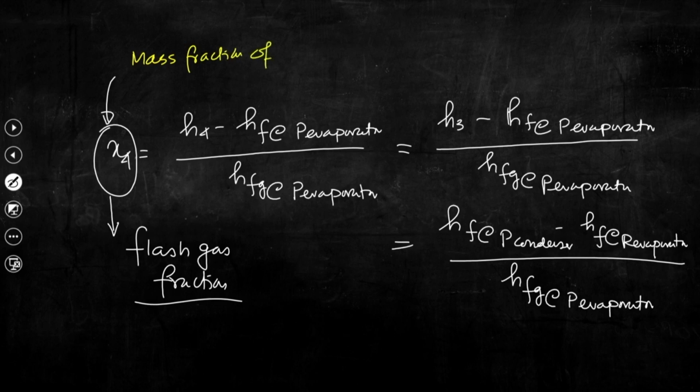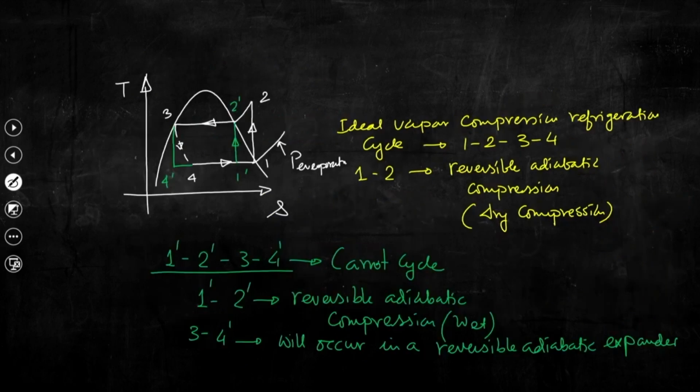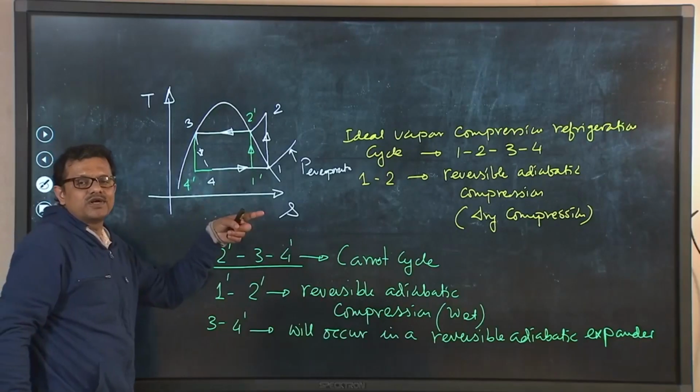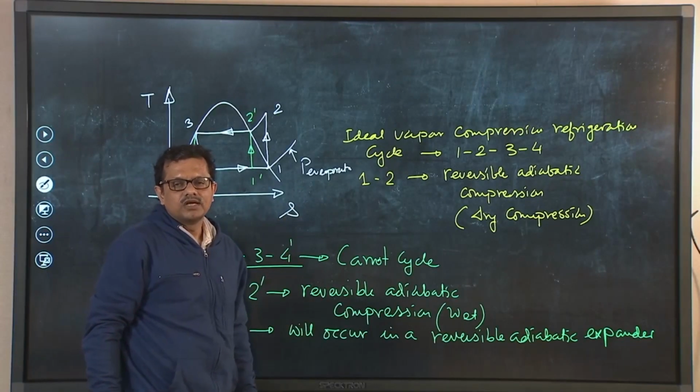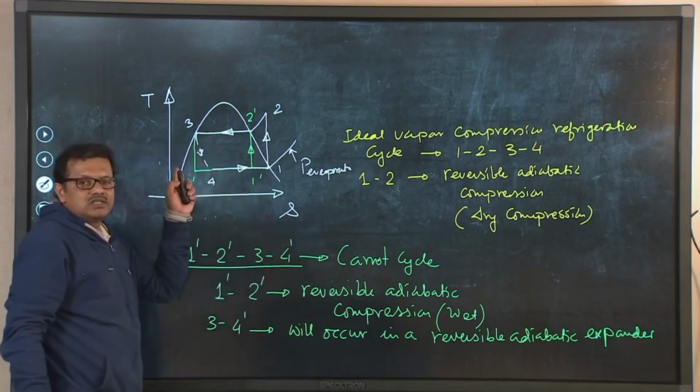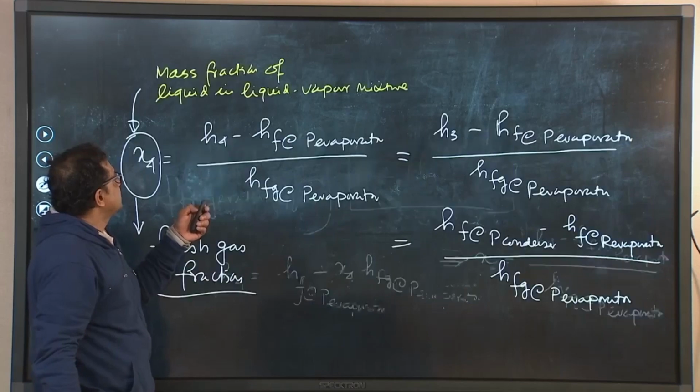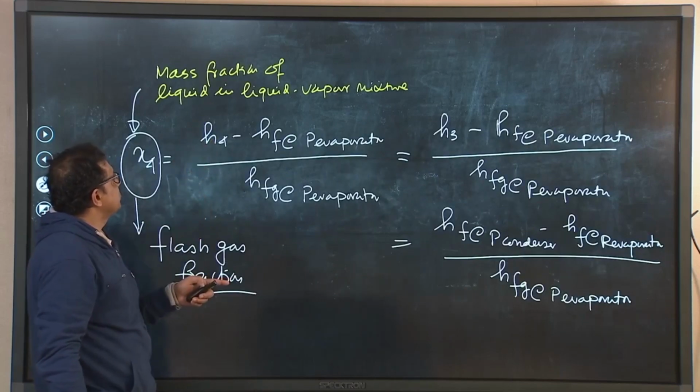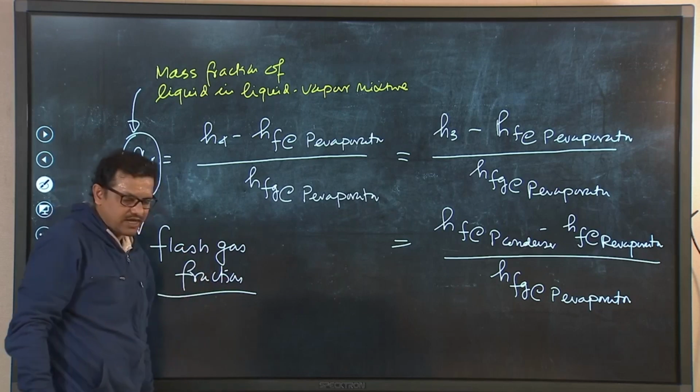This is important to know to the designer who will be designing this evaporator, because you can see that the inlet condition of the working fluid is a two phase mixture before it enters this evaporator. So, the designers should know the quality, and that is what we could establish here, and that is known as the mass fraction of liquid in the liquid vapor mixture and known as flash gas fraction.